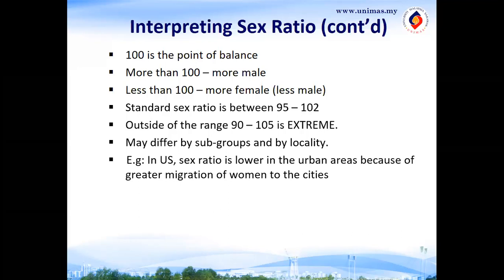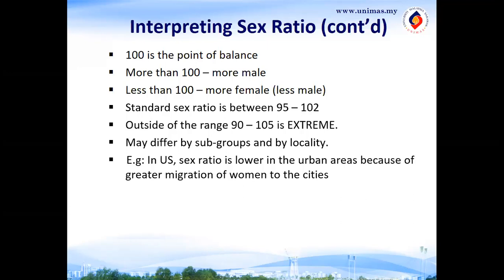In US, for example, the sex ratio is lower in the urban areas, because of greater migration of women to the cities. Jadi that's part of the reason lah. So kita di Malaysia agak-agaknya, do you think the same trend is also happening, where more women are migrating to cities as well?